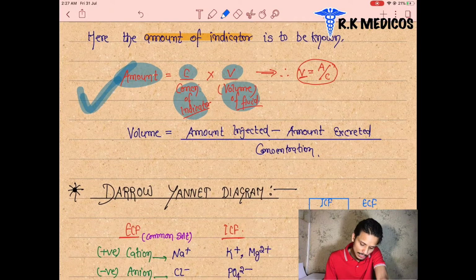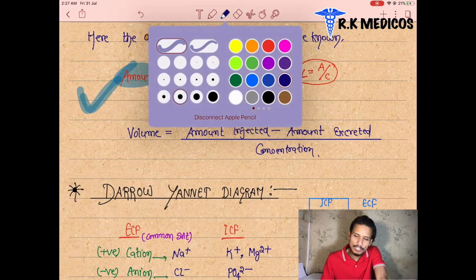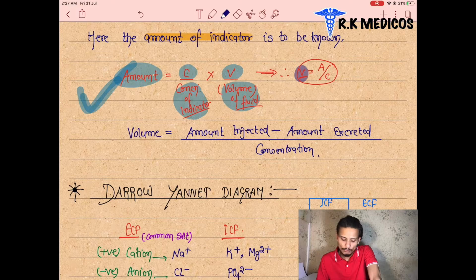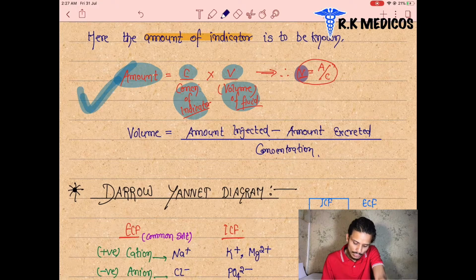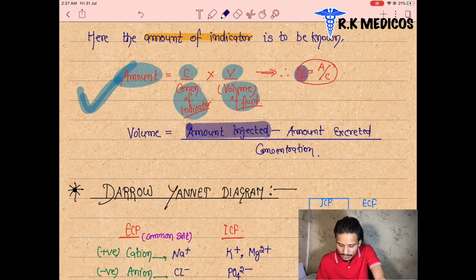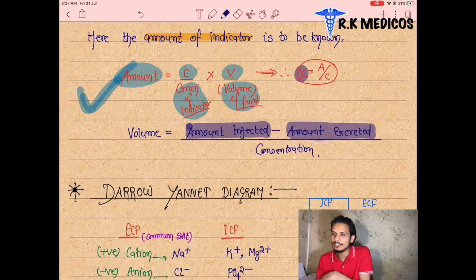Now suppose you want to calculate the volume. Suppose you injected something inside the body of a patient, say 500 ml is injected and 200 ml is excreted, it means 300 ml is present inside the body.